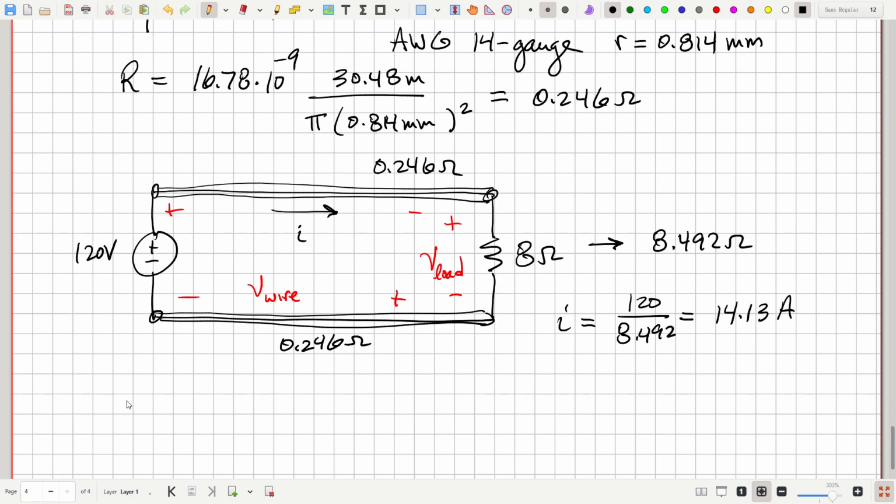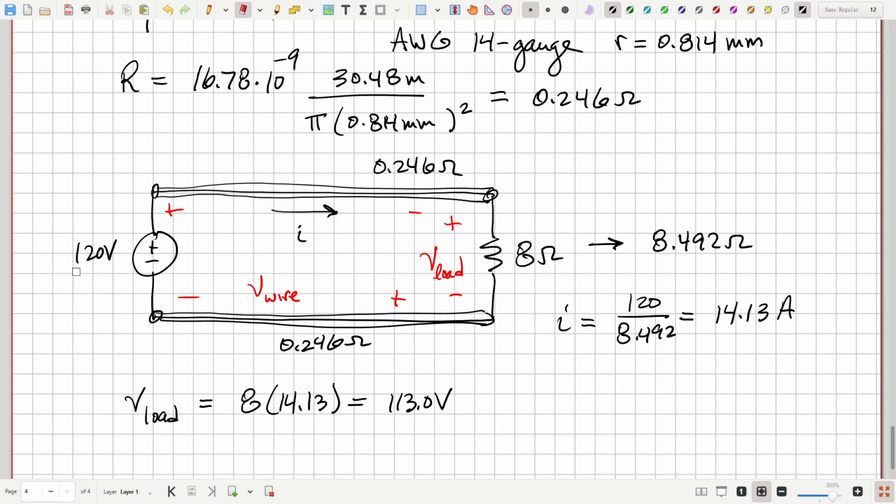Okay, so V load would be 8 ohms, using Ohm's law, 8 times I, 14.13 amps, and that is 113 volts. Okay, and V wire would be 14.13 times 0.246.